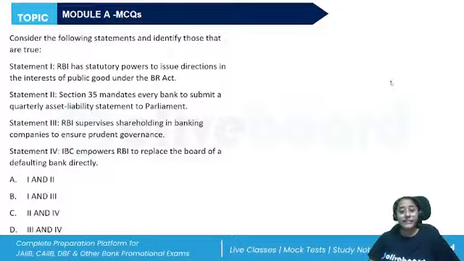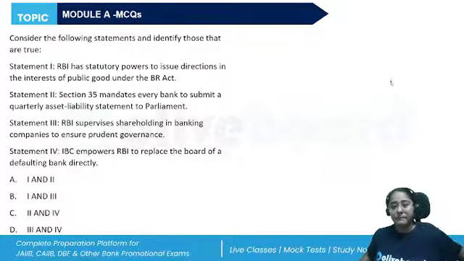RBI supervises shareholding in banking companies to ensure prudent governance, and the IBC empowers RBI to replace the board of a defaulting bank directly. Again, powers that have been given to RBI.